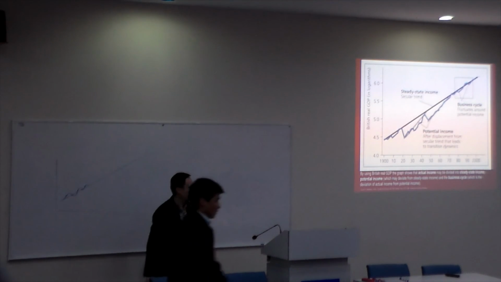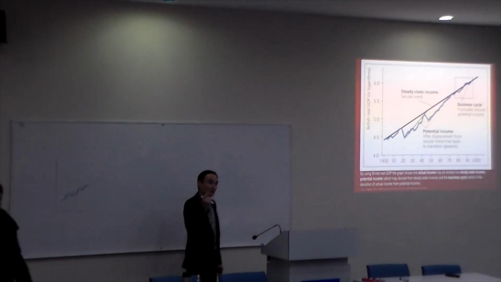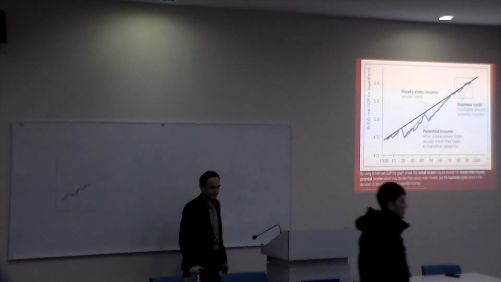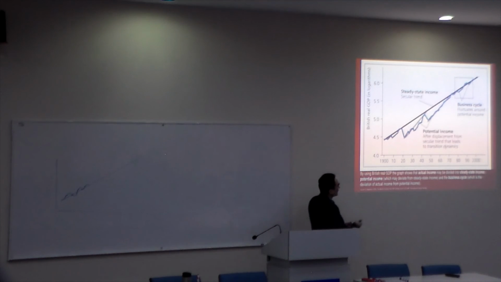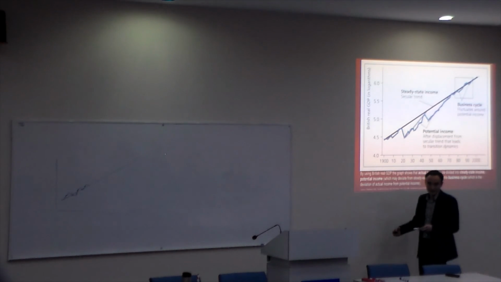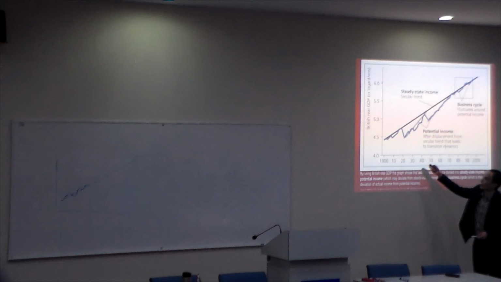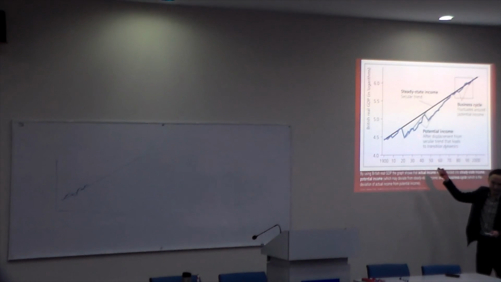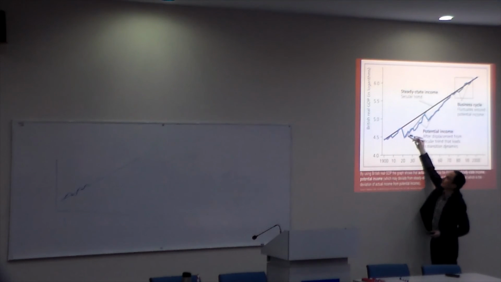Potential income. But if you consider the case of Britain, the UK, this country experienced two very big shocks in the 20th century. The first was due to World War I, and the second was due to World War II. If you look at this graph, we now have another long run growth potential income level.